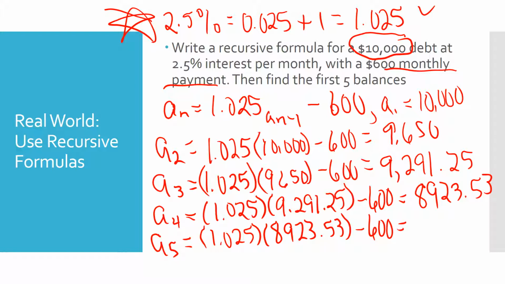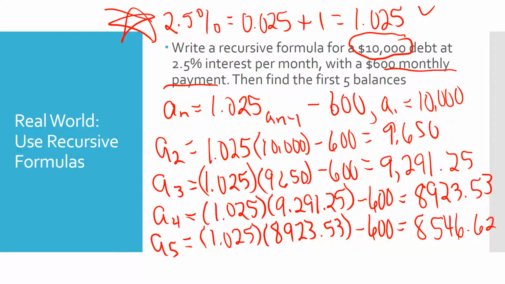And what's going to be the balance at the end of the fifth month? So I got 8,923.53 times 1.025. Make a $600 payment. And my balance at the end of month 5 is 8,546.62.